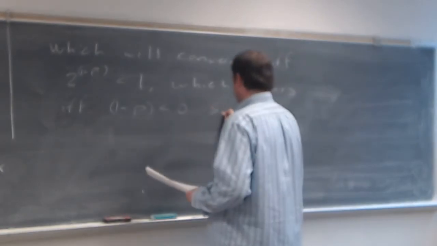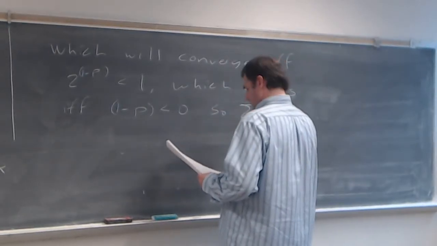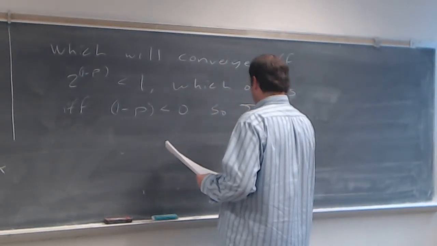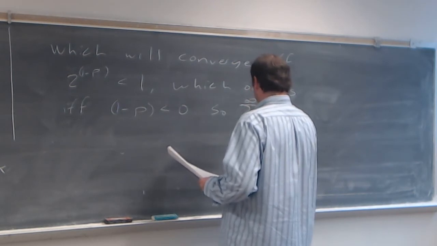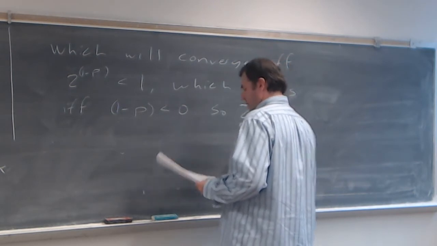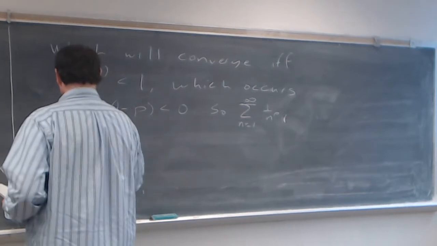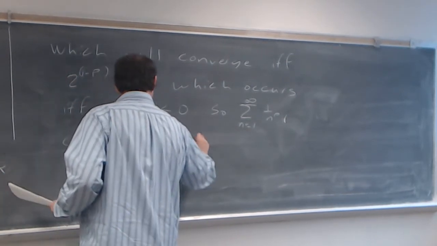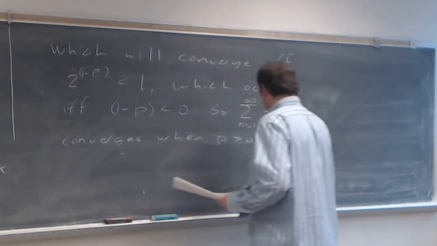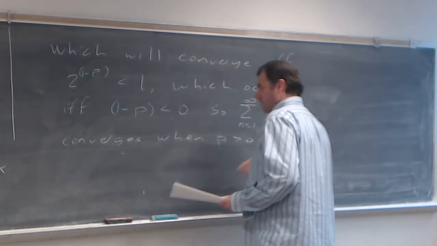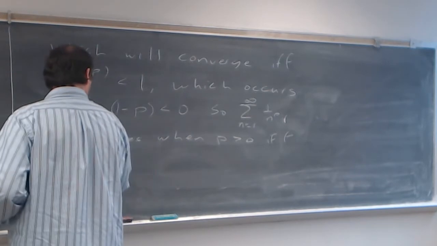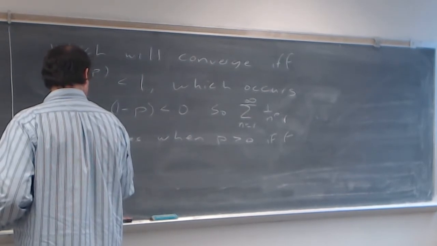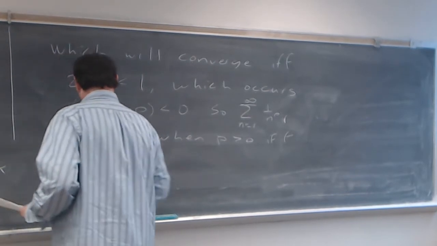So what that says is that the sum as n runs from 1 to infinity of 1 over n to the p converges, when p is greater than 0, if and only if 1 is less than p.